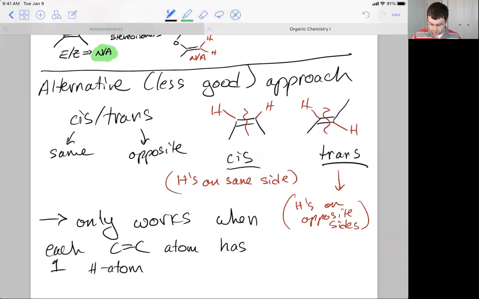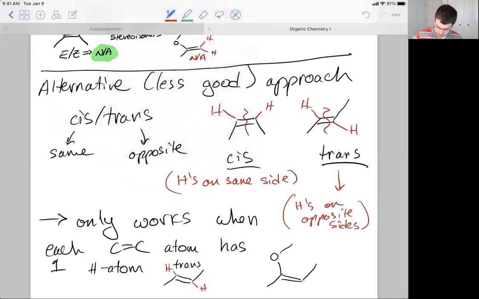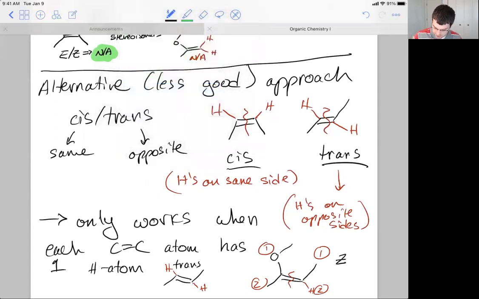Okay, so if I had this, you would say that that is trans. Why? Because there are, I know this is the example I just did, two H's. But if I had this, you would say, well, if you wanted me to figure out what that is, I would just cut it in half, label 1, 2, 1, H is 2, and I would say that that is Z, same side Z, which is equal to cis, right?